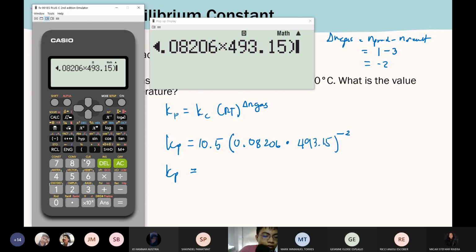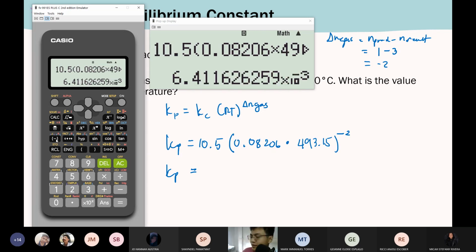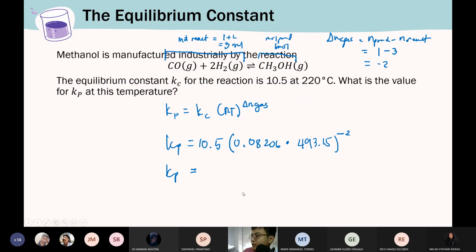Hala, mali. Yan. And then raised to -2. Okay, so this is our answer: 6.41 times 10 raised to -3. Did you get the same answer? 6.41 times 10 raised to -3.